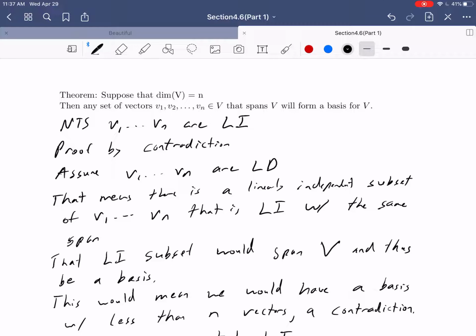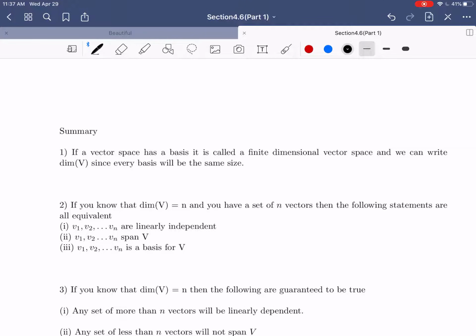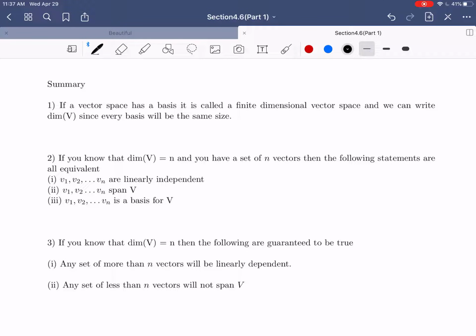I don't always do a summary of every video, but some of these proofs are pretty technical, so it's important to understand the proof, but it's also important to understand what all this means in the context of vector spaces. So we're going to do a brief summary. This is basically a summary of everything that you should take away from this video.